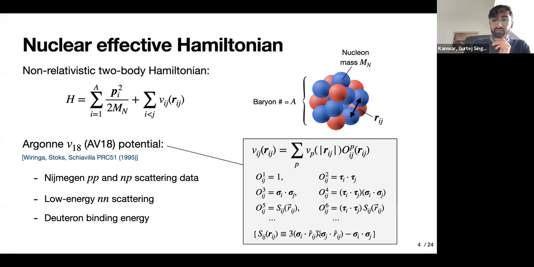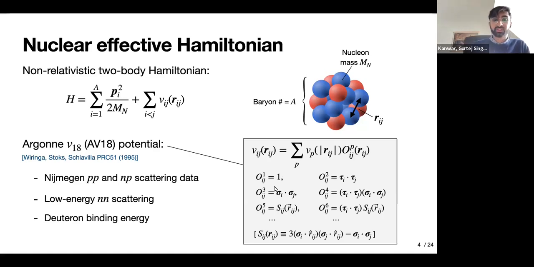And so here you have the appearance of these r hats, and this allows you to model spin-orbit coupling, for example, in addition to the more primitive operators which you might expect, like the spin-spin coupling and these isospin terms. So of course, sigma here is the Pauli matrices for the spin, and tau is equivalently the Pauli matrices for isospin. Now, this is just 6 of the 18 operators.